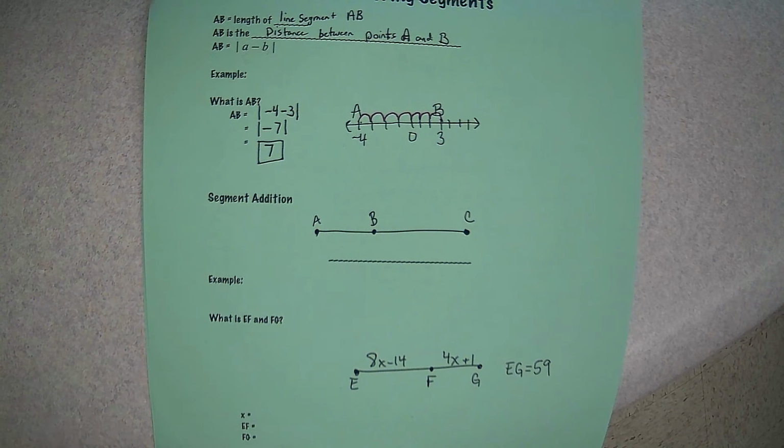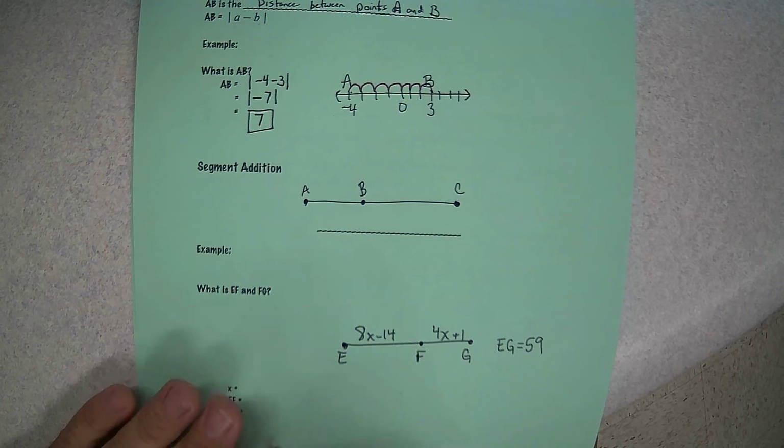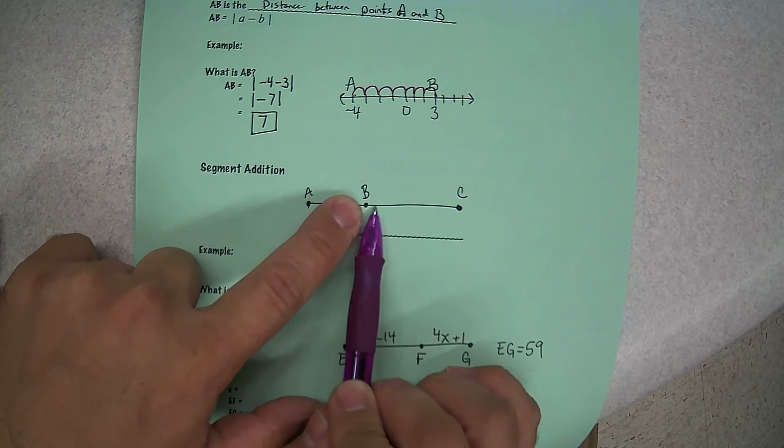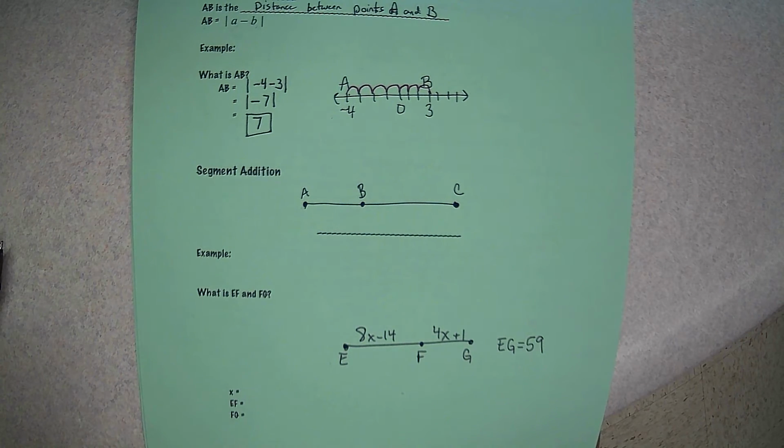Another thing that we can do with line segments is some addition. Notice here I have A and B, and I have the line segment BC, and altogether that makes the line segment AC.